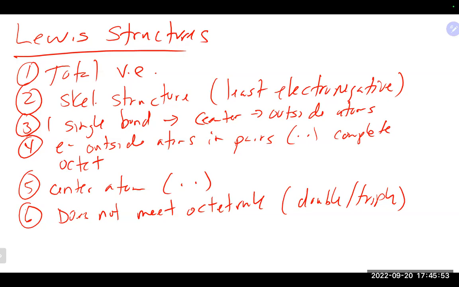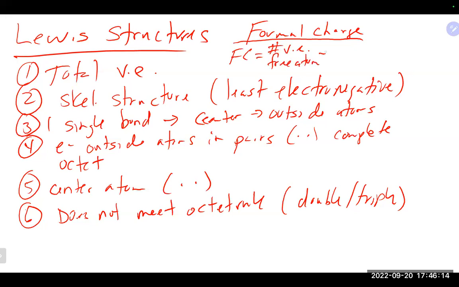The other thing that we talked about as well is formal charge. The formal charge is basically the charge that the atom takes on in the arrangement it is bound to. So the formal charge is equal to the number of valence electrons in the free atom minus the number of non-bonding electrons minus 1/2 the number of bonding electrons.